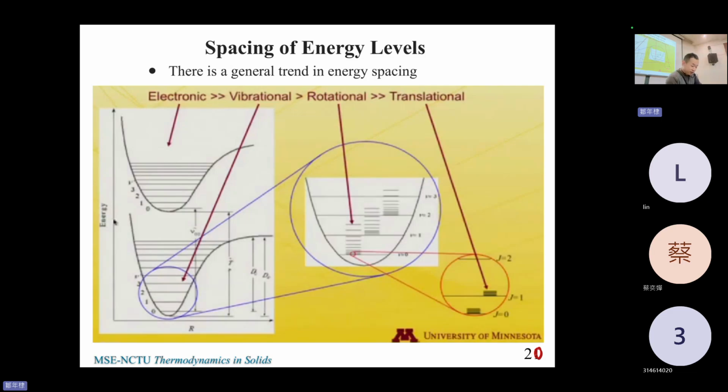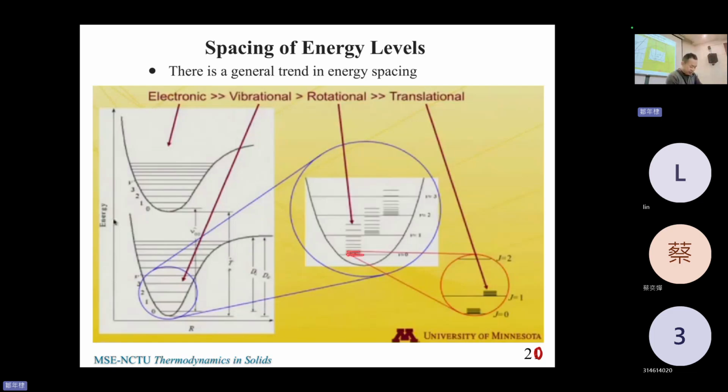And then if you want to do the vibrational, I believe you also watched the video, right? The vibrational levels look like this, and then there is the vibration frequency. If you have higher energy, you get higher frequency. Okay, shaking, right? So each vibrational energy gap is even bigger than the rotational energy gap.